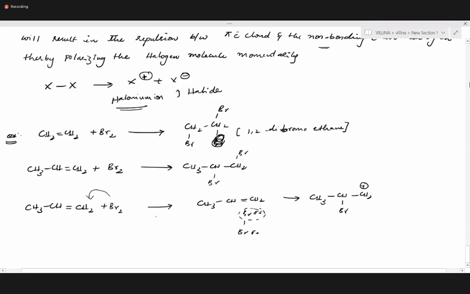Now, this will form a bridged kind of molecule because there will be an n-orbital on this carbon with the positive charge, right? So a bridged intermediate will form, something like this. So, Br plus. Wait, I'll write in the next step.